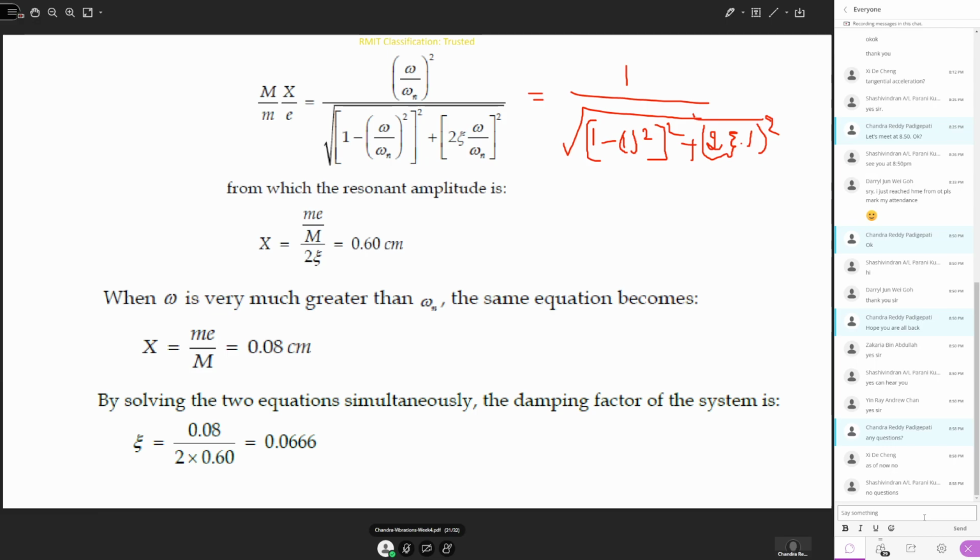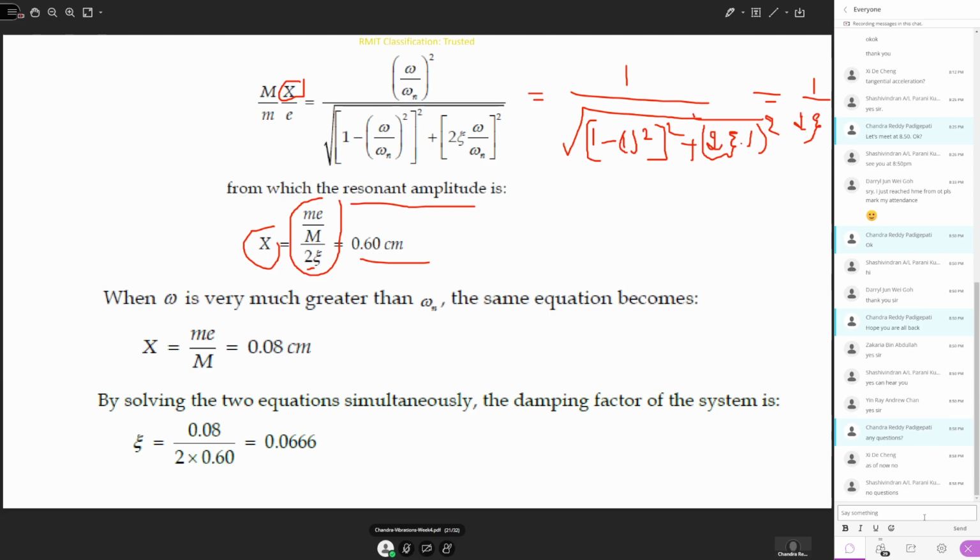Okay, so this simply boils down to 1 over 2 eta. Therefore you can write X by cross multiplying and dividing as ME over M over 2 eta. So during resonance, the amplitude is given as 0.6 cm. That means this ratio is 0.60.